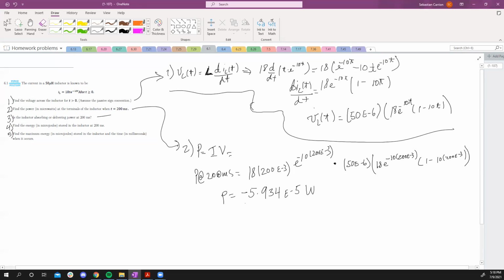So this is what I got for the power on my calculator. Off this, we can solve for question 3. It's asking if the inductor is absorbing or delivering power at 200 milliseconds. Since the power is negative, it means it's delivering power.